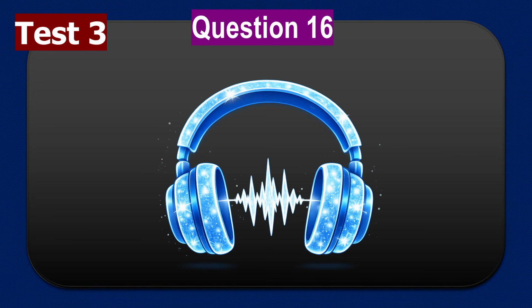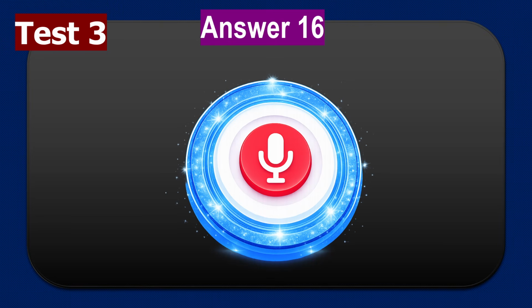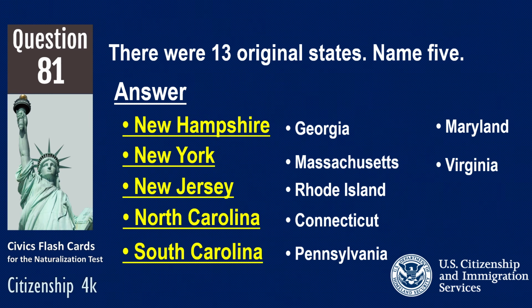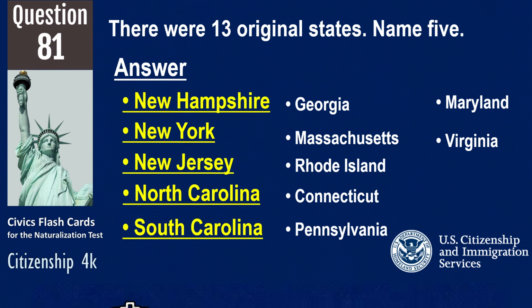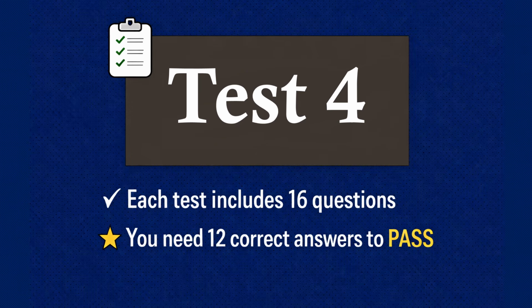There were 13 original states. Name 5. New Hampshire, New York, New Jersey, North Carolina, South Carolina. Test 4.